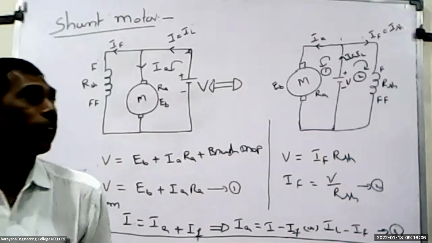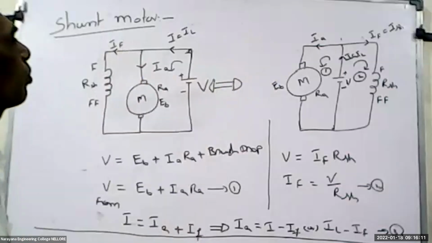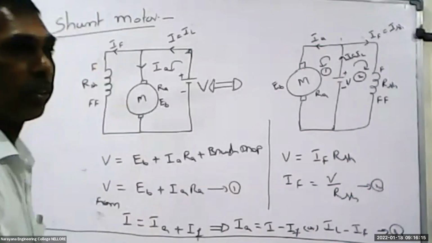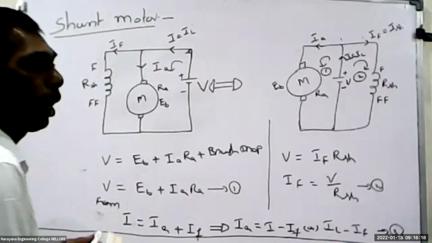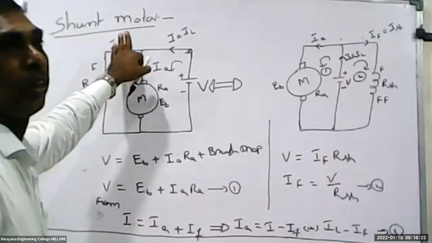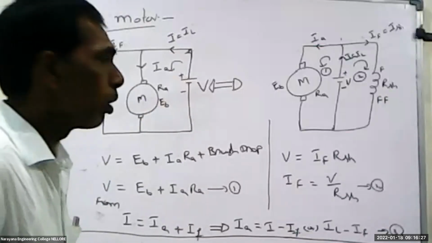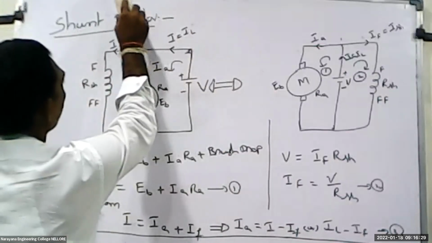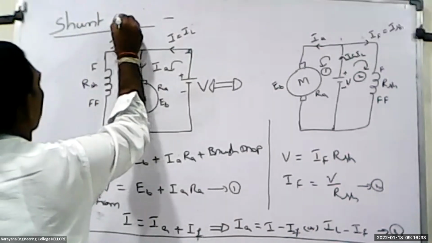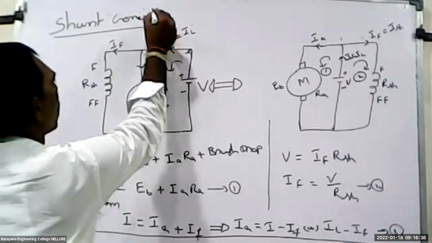Suppose if you want to modify these motor equations for a generator, how to modify that? We are well known about the generator, even though I will explain the generator equations by modifying this one. Suppose this is a shunt generator.